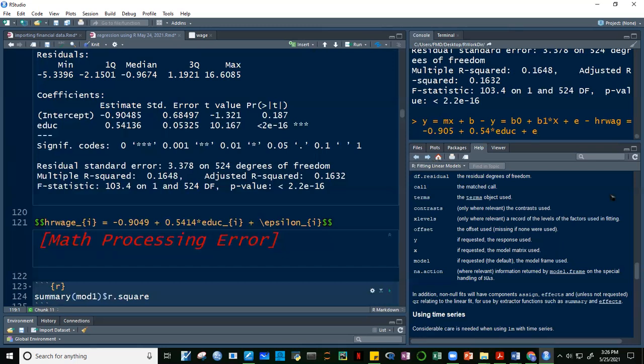So that's our model, guys. Hourly wage is equal to the intercept plus the slope times your independent variable plus an error term.